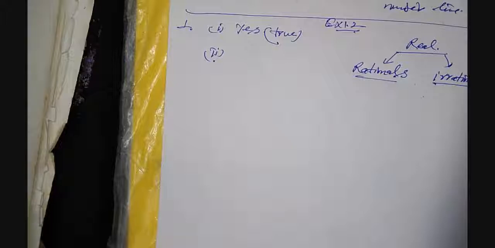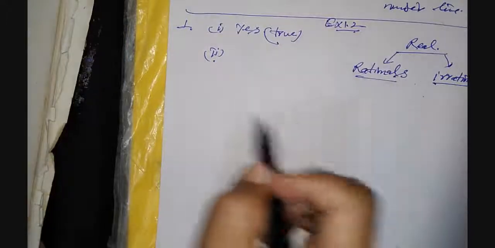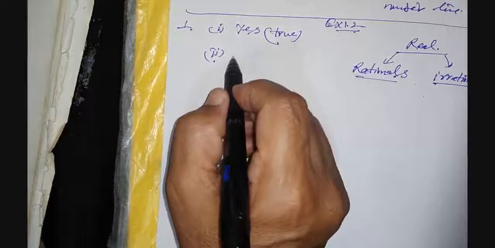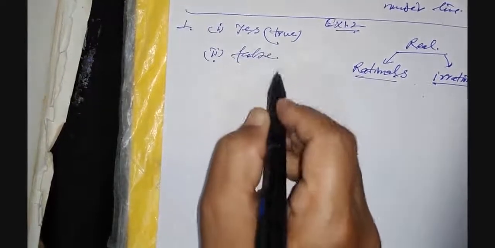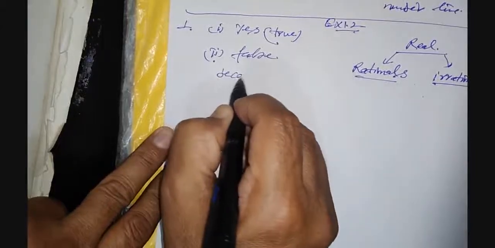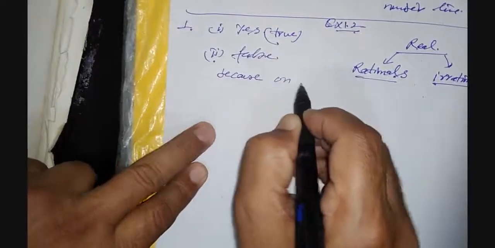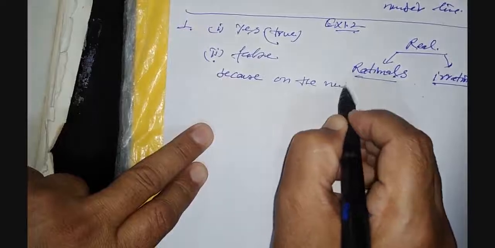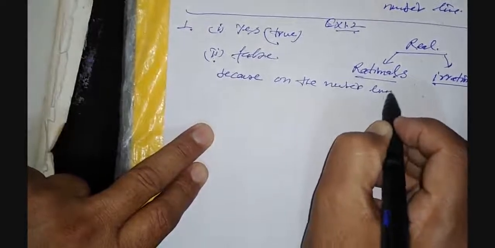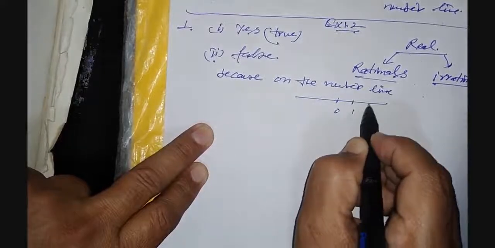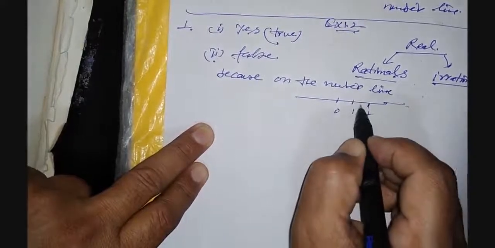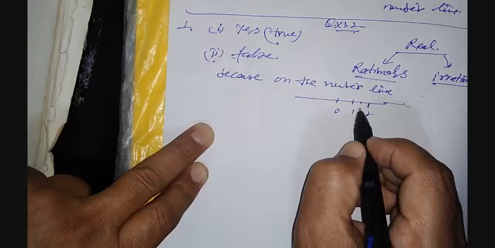I think no, because on the number line, as you see, this is the number line 0, 1, 2 and so on, and this may be root 2.